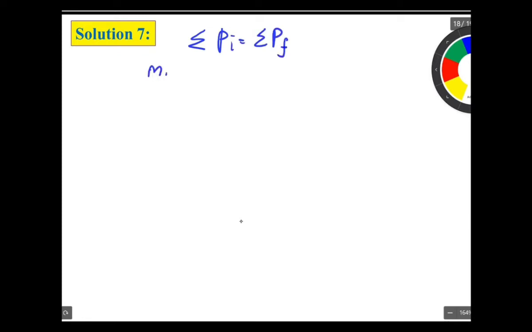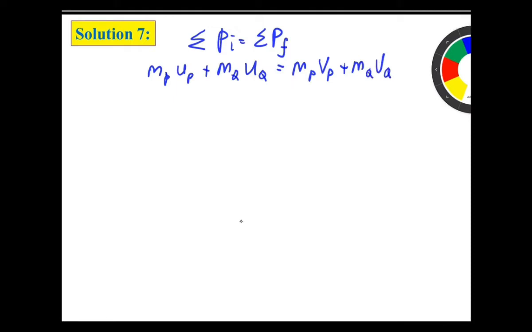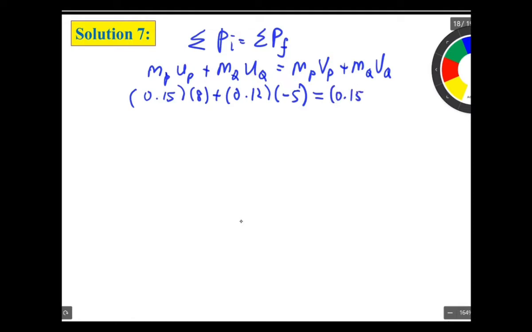So, MP UP plus dengan MQ UQ is equal to MP VP plus dengan MQ VQ. 0.15 dengan 8 plus dengan 0.12 plus dengan negative 5 is equal to 0.15 darab dengan 2 plus dengan 0.12 VQ.